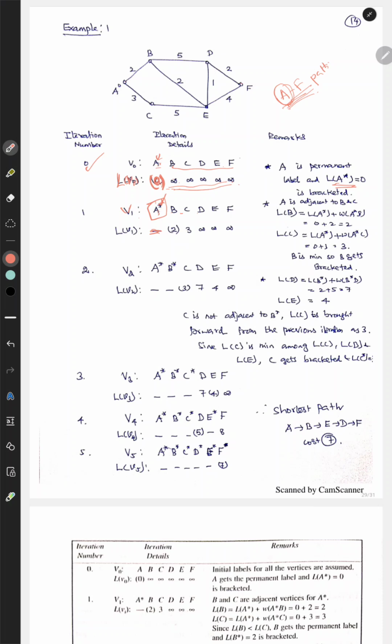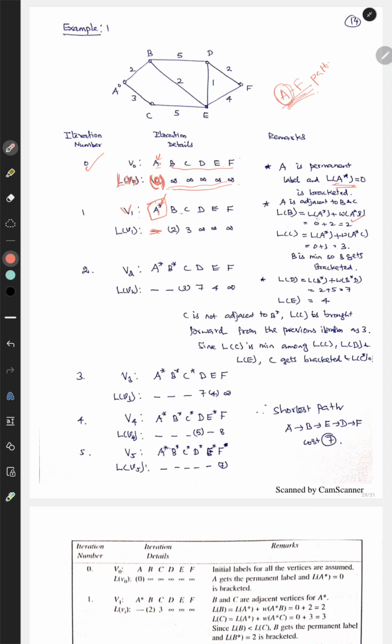If there is an edge, then that edge weight will be there; otherwise it will be infinity itself. So that edge weight plus the label of the removed vertex from the previous stage.